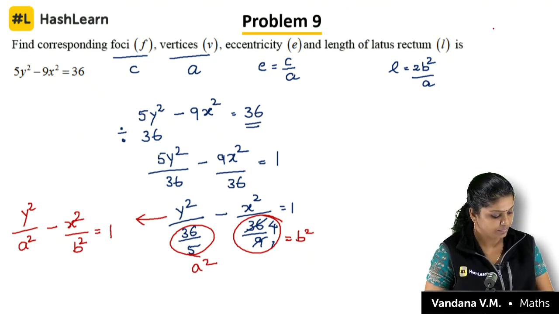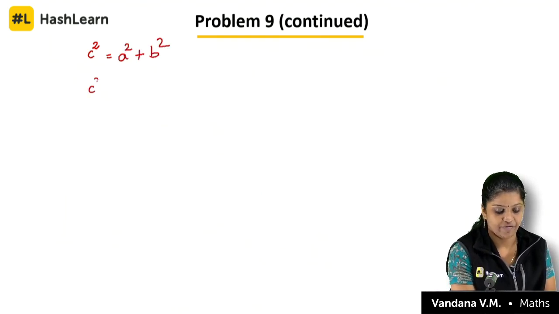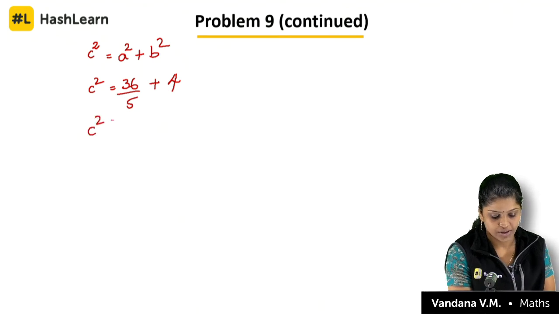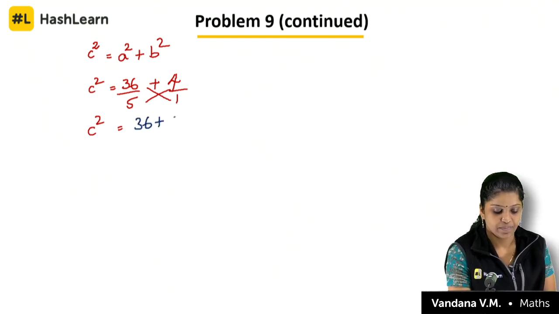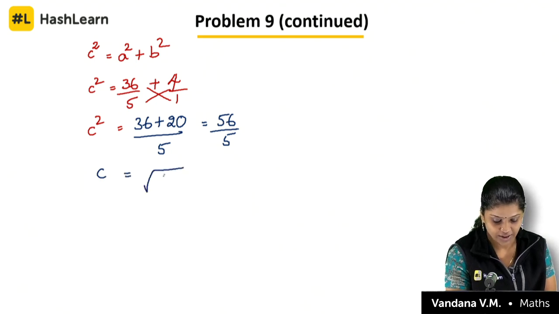What is the c value? c square is equal to a square plus b square. a square is 36 by 5, b square is nothing but 4. c square is equal to, find the LCM, 36 plus 20 by 5, that is 56 by 5. Now, I would like to find the c value, root 56 by 5.